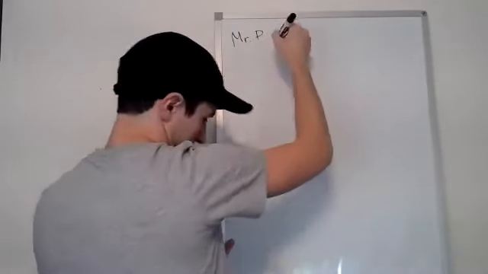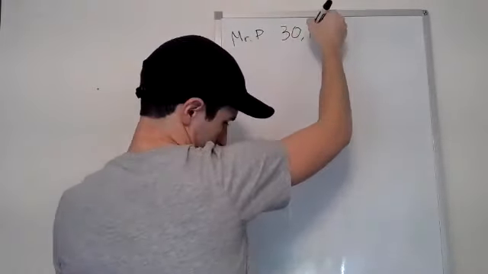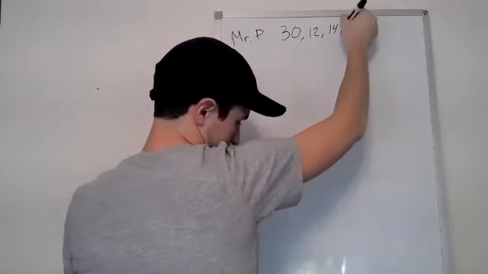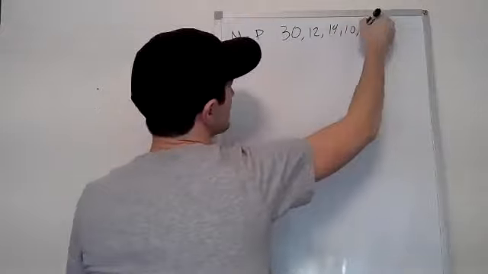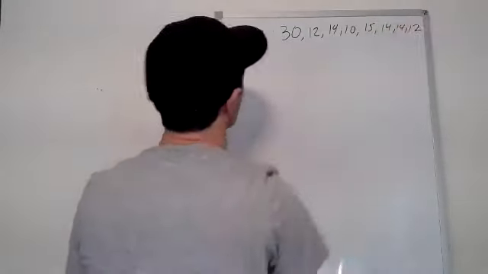Parker's class had a kid do 30, 12, 14, 10, 15, 14, 14, and 12. Okay?